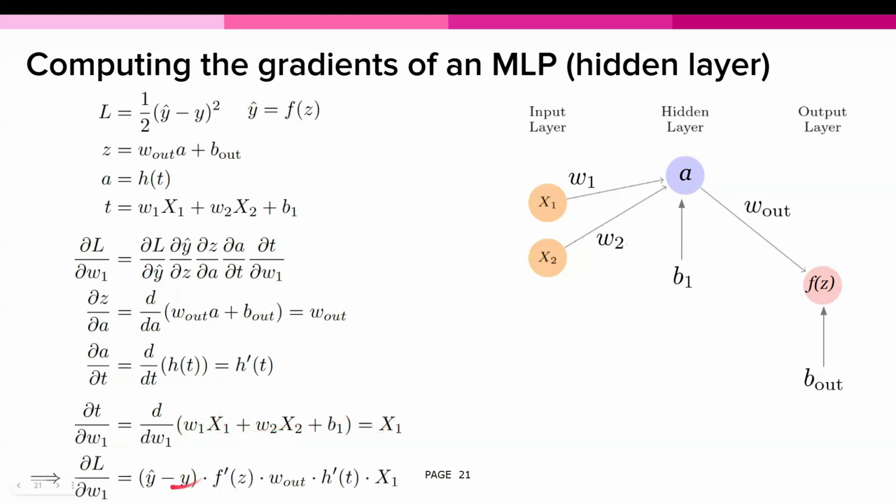And so putting all of that together, we're going to have the prediction error as before, the first derivative of f at z that we calculated in the last slide, and now partial z by partial a gives us w out, partial a by partial t gives us h prime of t, and then x1 as before.